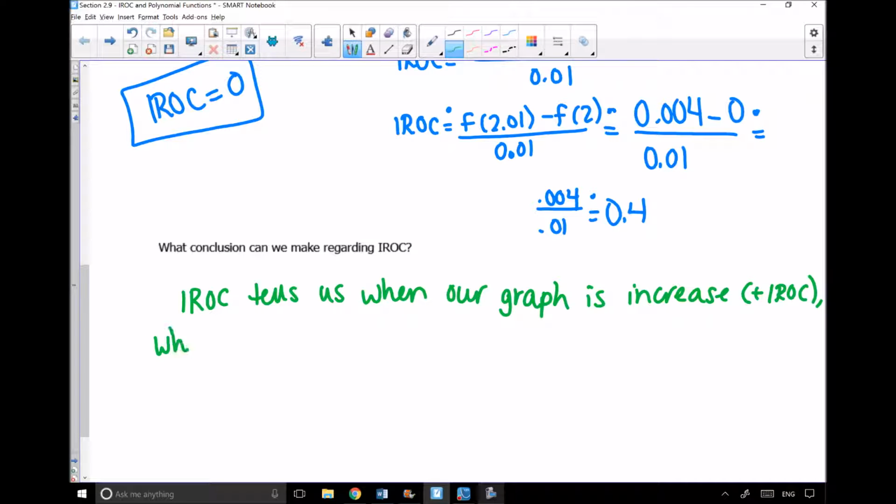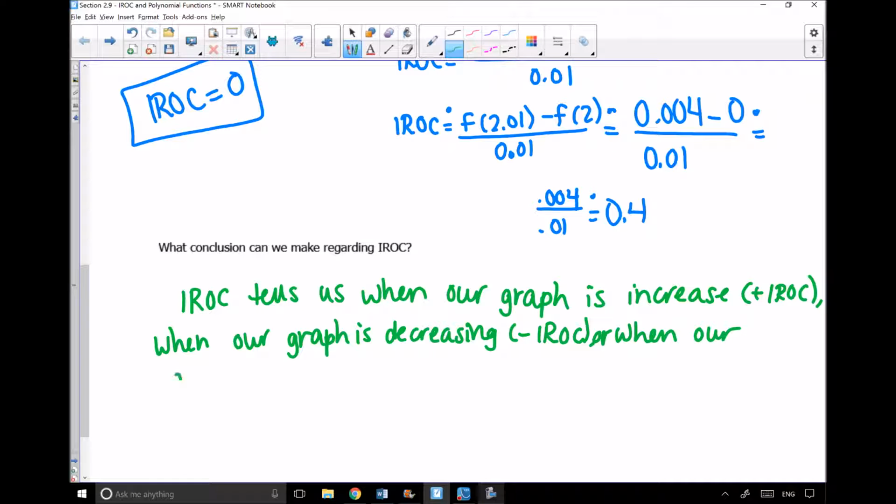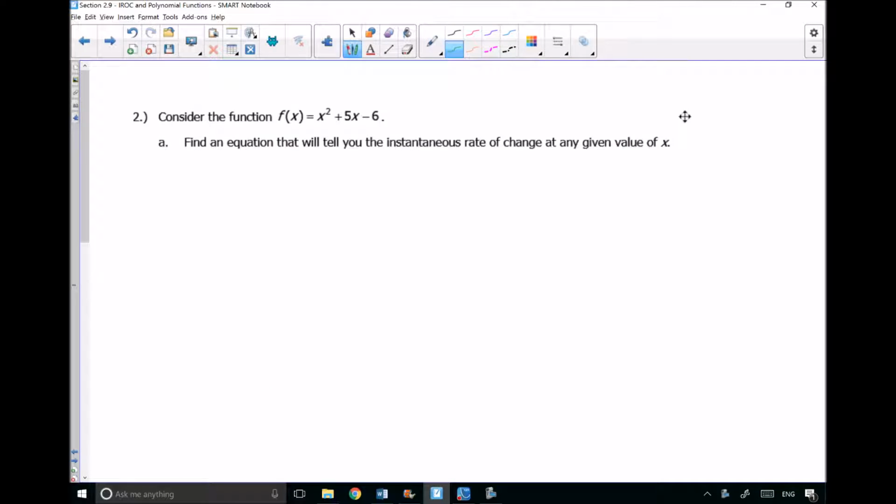When the graph is decreasing, and our graph will be decreasing when we have a negative IROC, or when our graph has a turning point. And if we have a turning point, then our IROC, or our instantaneous rate of change, is going to be equal to 0. Okay? All right, so now let's see how we can apply that to question number 2.